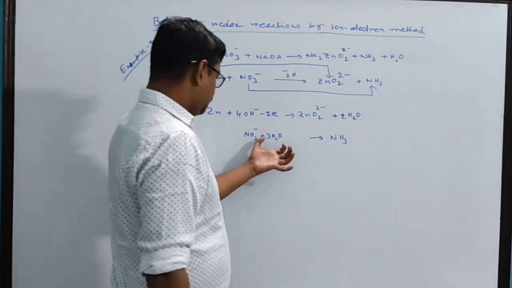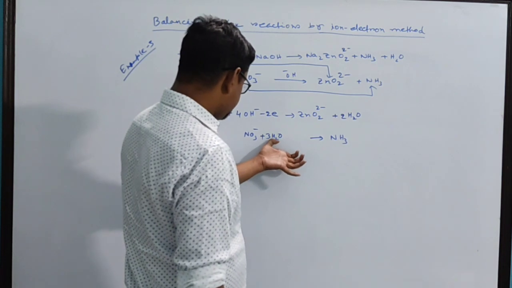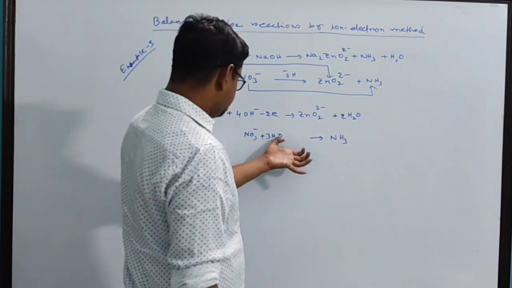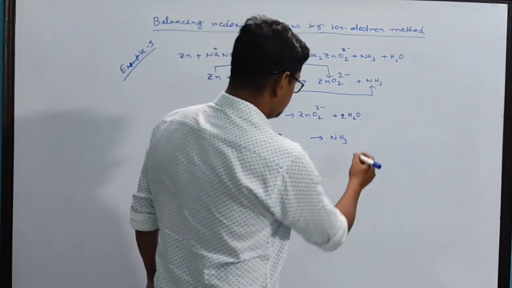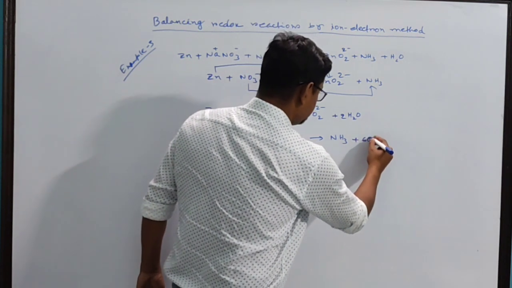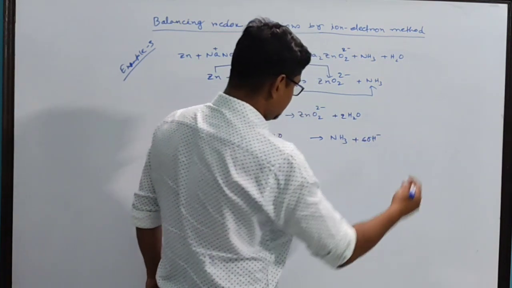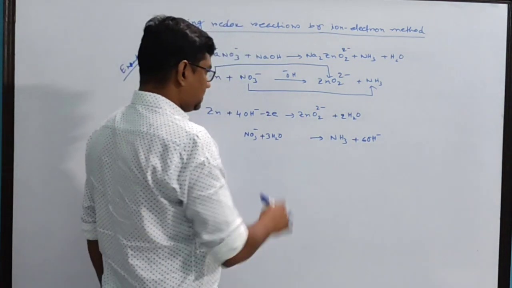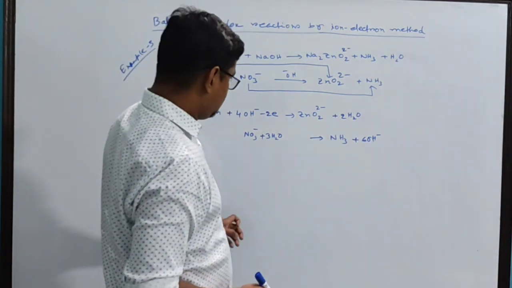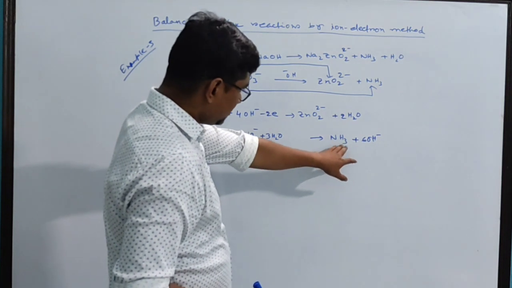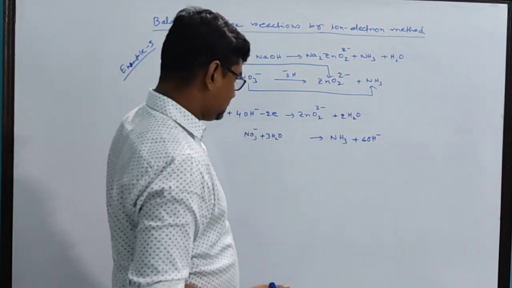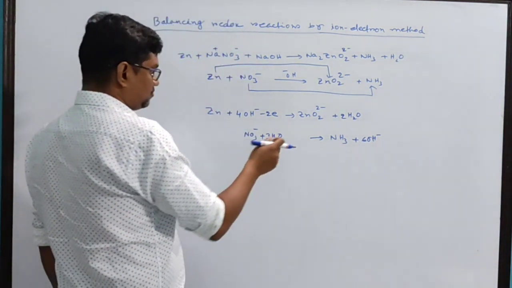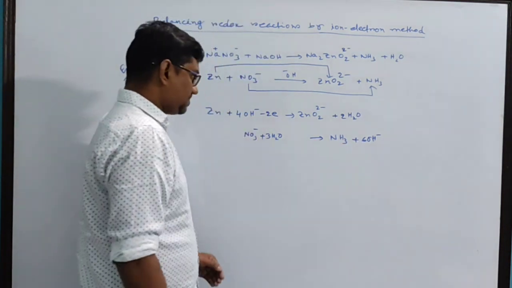Okay, now we are getting 6 hydrogen and 6 oxygen atoms. So for that we will add 6 OH minus ions at the opposite side, that is the right hand side. So oxygen atoms are balanced, but hydrogen atoms, 3 hydrogen atoms were already extra earlier. So now we have to balance these hydrogen atoms.